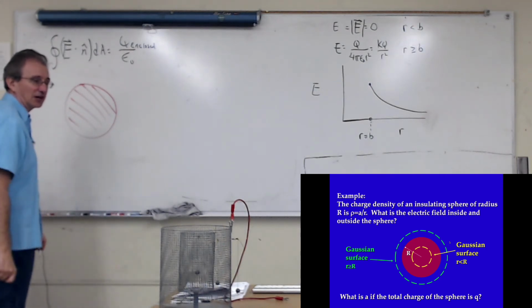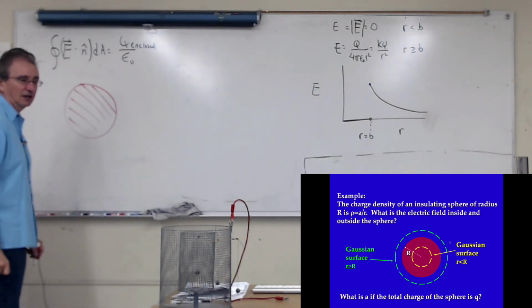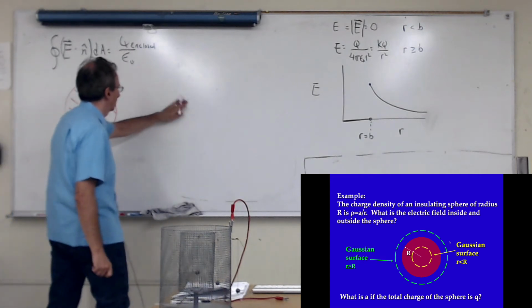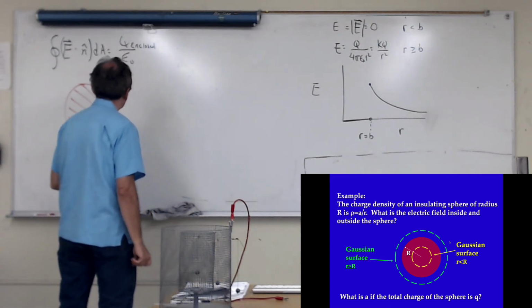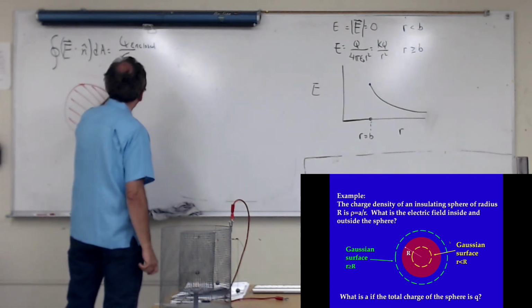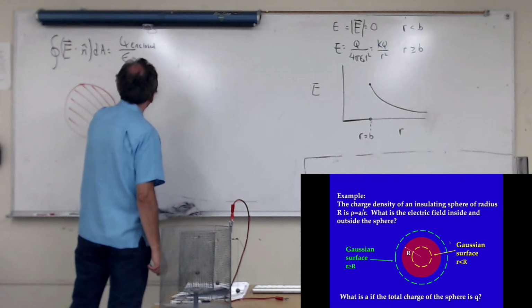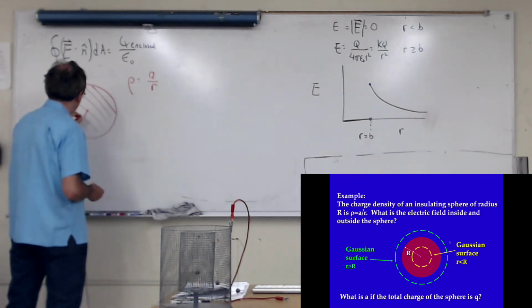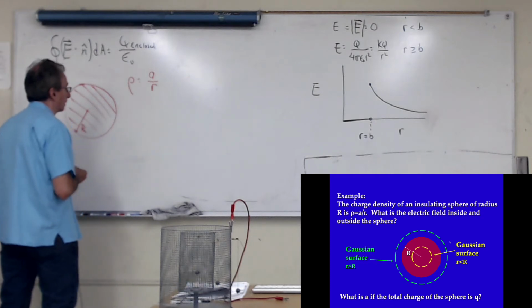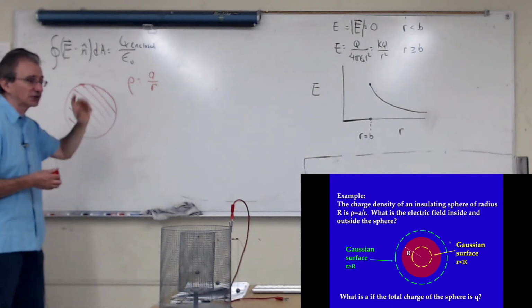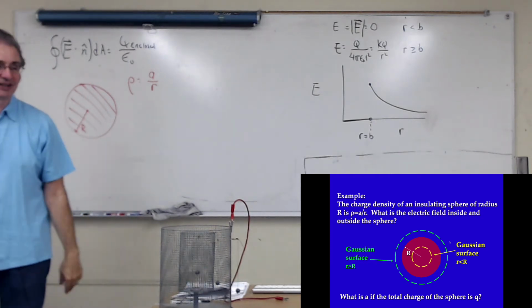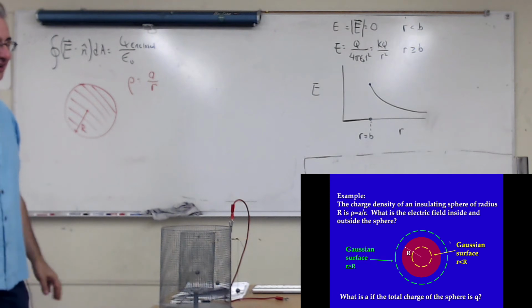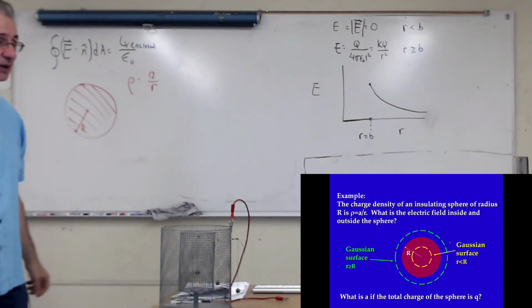And also the charge distribution is not uniform. Okay? Let's let rho be equal to some constant a over r. Let's let the radius of this thing be capital R. So the charge distribution is non-uniform, so this is going to help us to go back to homework problem number 9 on the previous assignment.